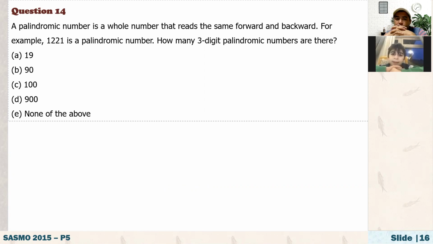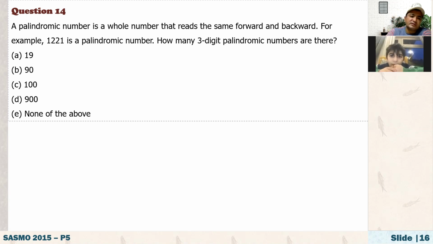For example, 1,221 is a palindromic number. How many 3-digit palindromic numbers are there?